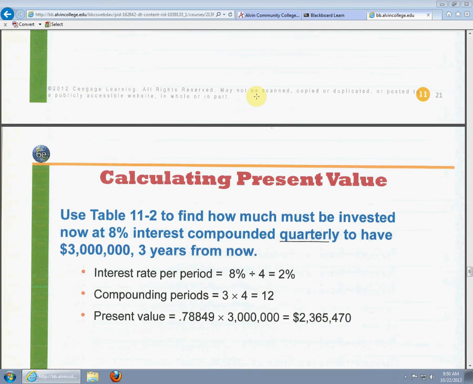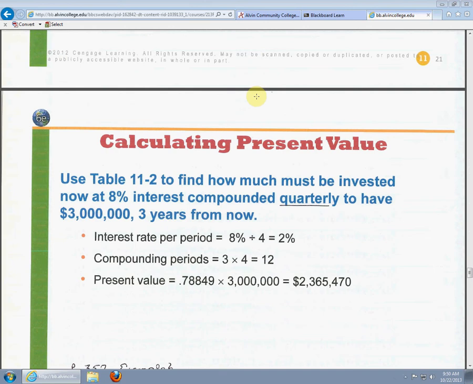So, an example of present value. We're going to be using the table on page 358, so go ahead and turn there so you'll have it available. We will have an 8% interest compounded quarterly, and we want to have $3 million in 3 years from now.